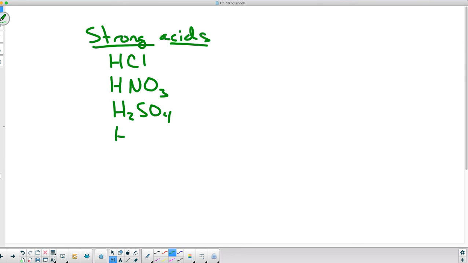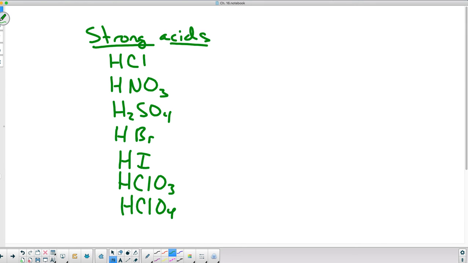And then we get into ones like, if HCl is one, HBr and HI, as in hydrobromic and hydroiodic. And then we have a couple more: HClO3, chloric acid, is a strong acid, and of course HClO4, perchloric acid, is the strongest acid. And I believe that's all the ones that fall into the category of being strong acids, where they dissociate 100% of the time.